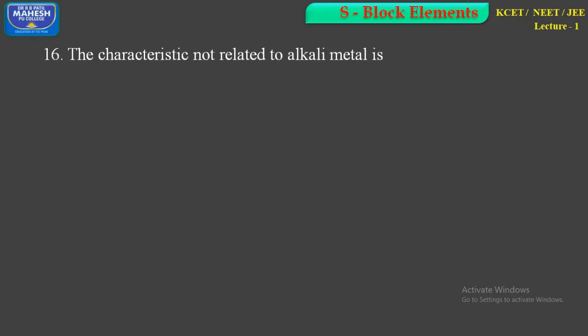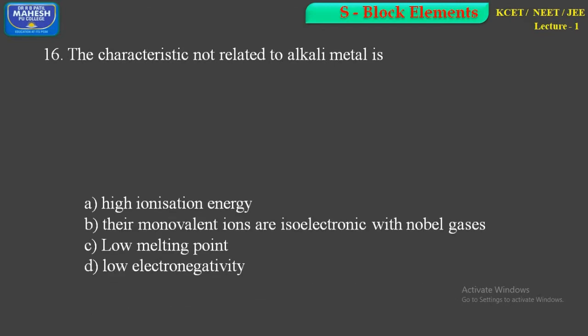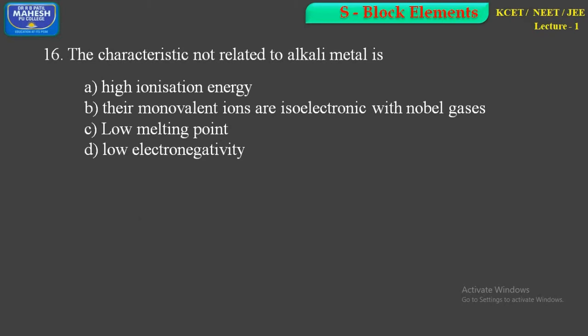Question 16. The characteristic not related to alkali metal is option A, high ionization energy. Option B, their monovalent ions are isoelectronic with noble gases. Option C, low melting point. And option D, low electronegativity.